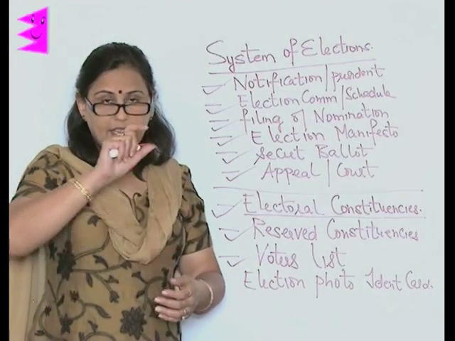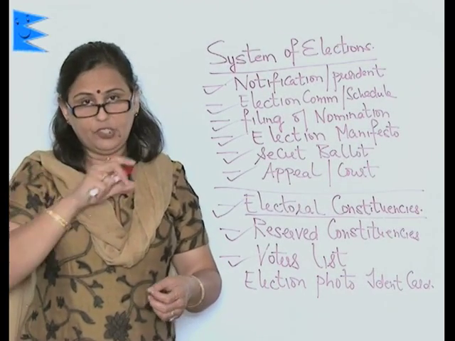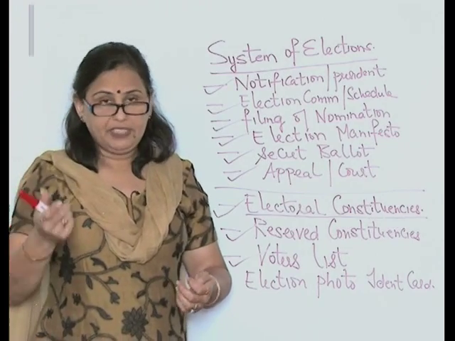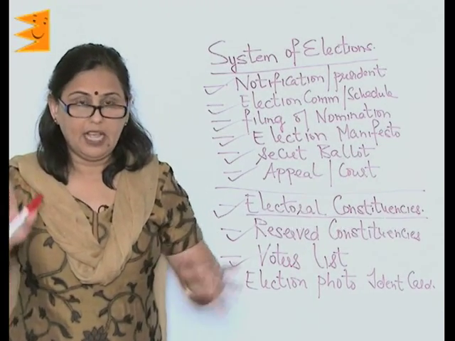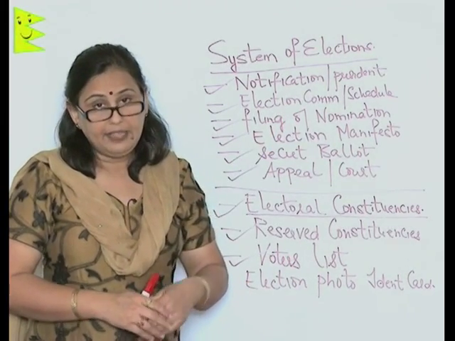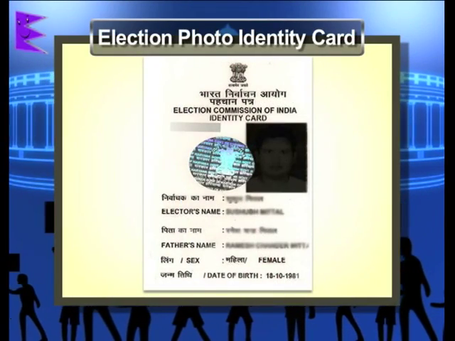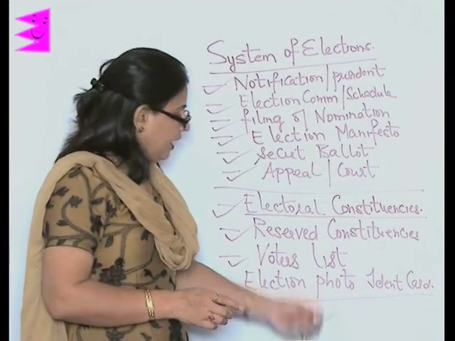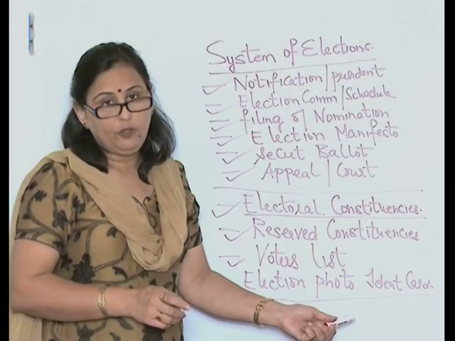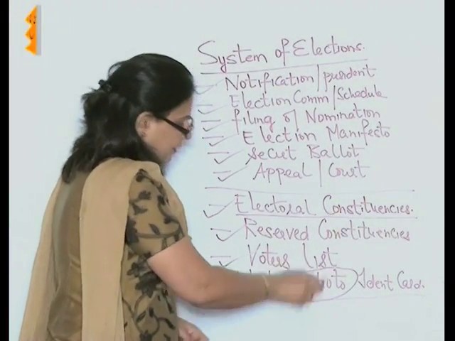In the voters list, your name, your parents' name, your address, your residential address, your office address and other identities are verified by the Election Commission of India, and then in the recent years the voters have been given election photo identity card, which makes it more authentic to see if the real voter is getting to vote because of the photo identity card.